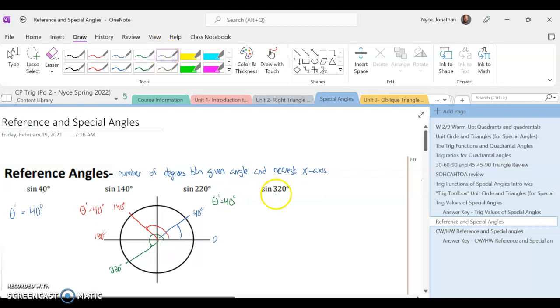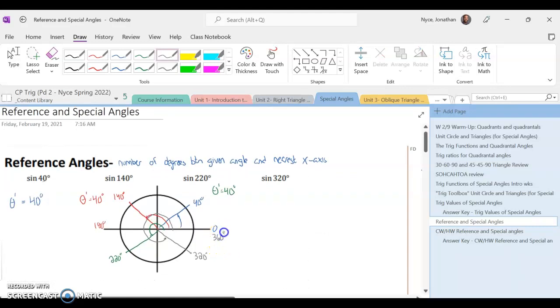And if we do the sine of 320, looking at 320 degrees, 320 is going to be about here. Our nearest x-axis is 360 degrees. So the difference between 320 degrees and 360 degrees is 40 degrees. Our reference angle, again, is going to be 40 degrees.